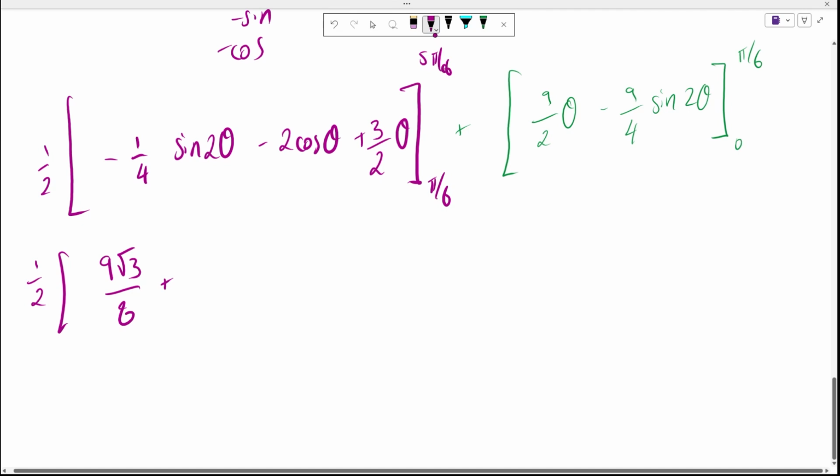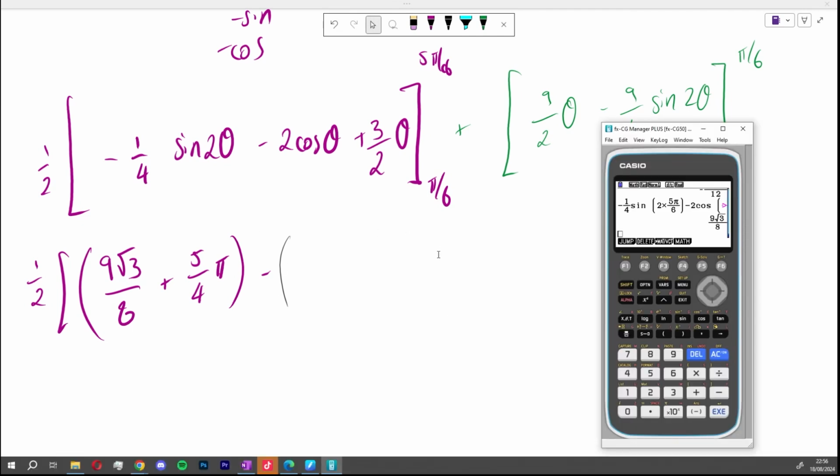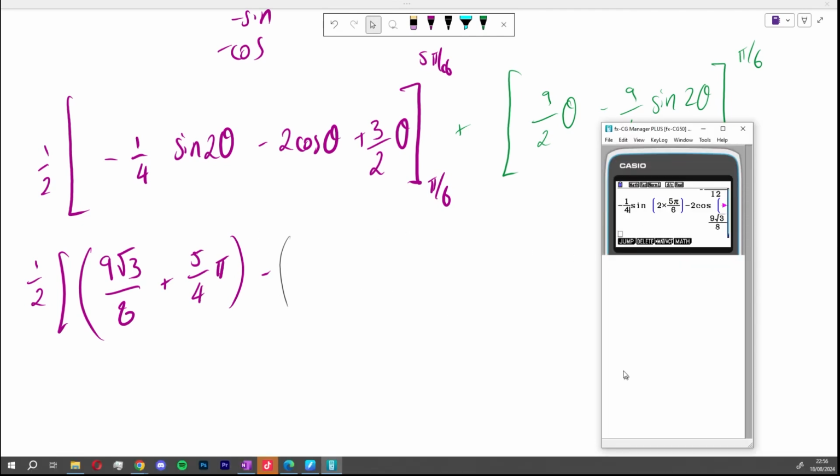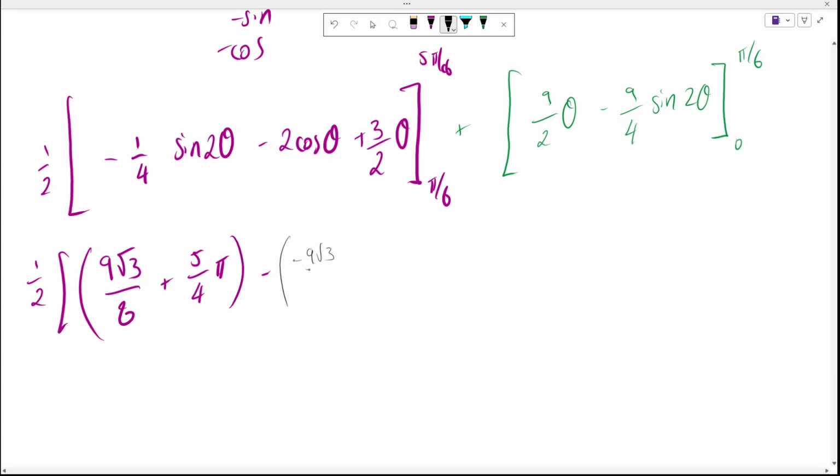That gives me 5 over 4 pi, minus, and then we do the same thing again, but this time we're just going to use pi over 6, like so. And we end up with minus 9 root 3 over 8. And then we're just going to multiply the 3 over 2 times pi over 6. That gives you 1/4 pi.